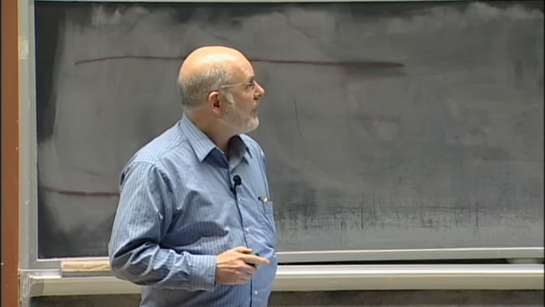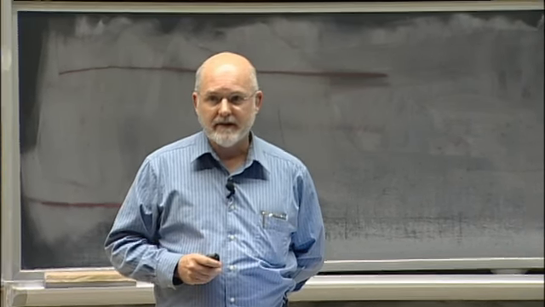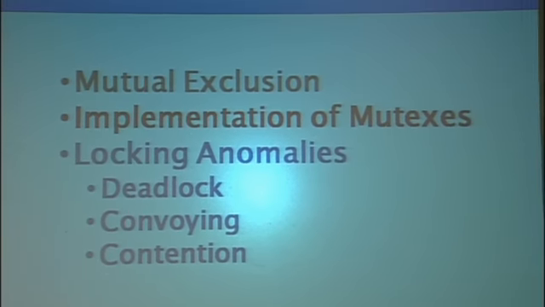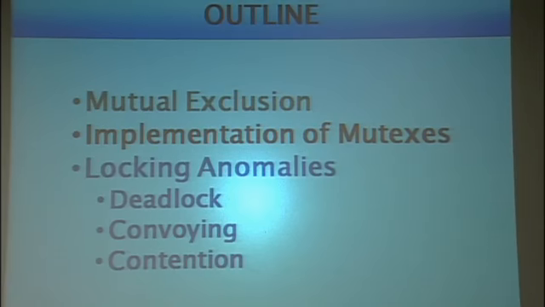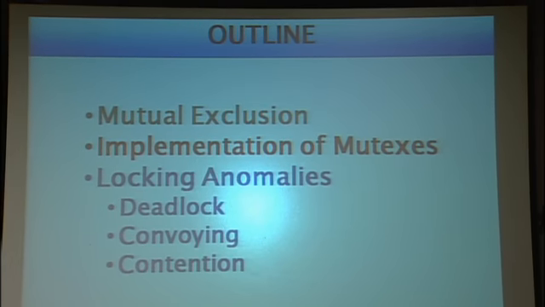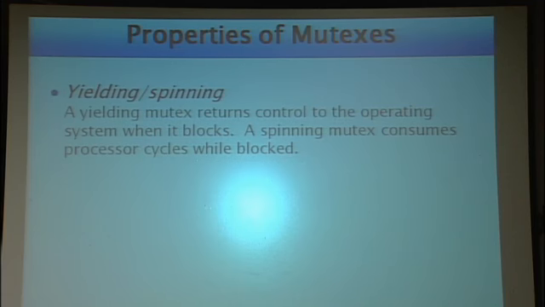Good. So let's talk about how they get implemented, because as with all these things, we want to understand not just what the abstraction is, but how you actually implement these things so that you can reason about them more cogently. There are typically three major properties of mutexes.